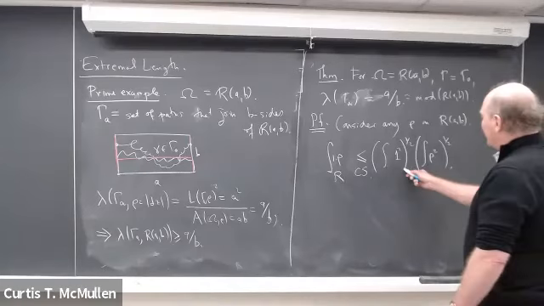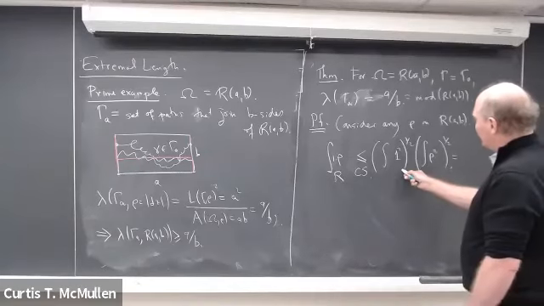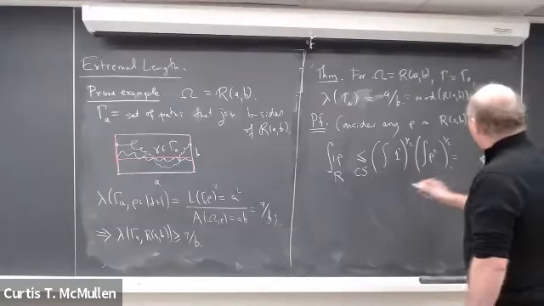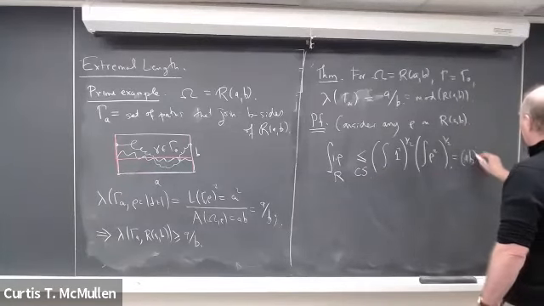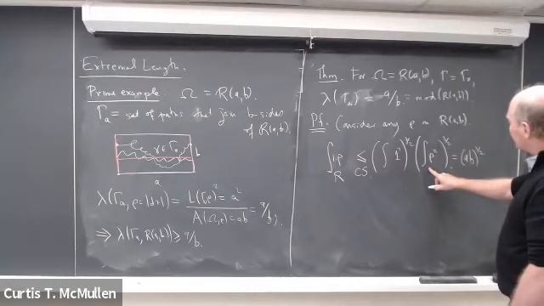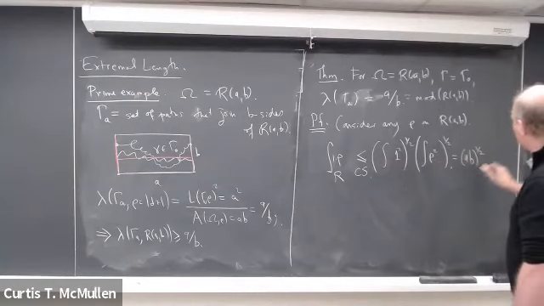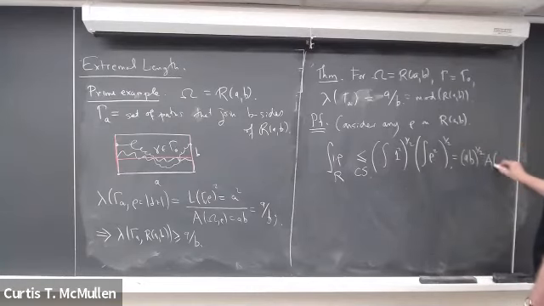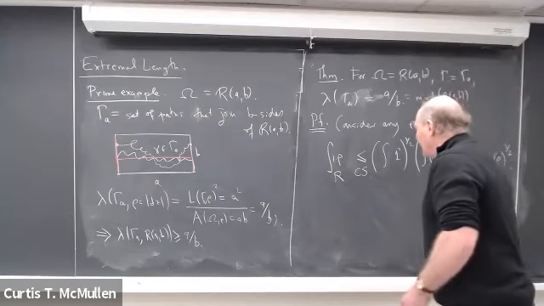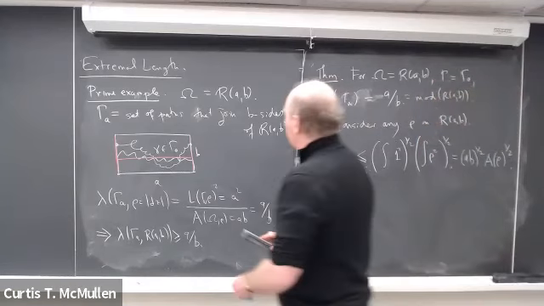And so this quantity here is what? The first term is just the area of the rectangle. So that's AB, to the 1/2. And the second term is the area of the rectangle with respect to rho. So it's A(rho) to the 1/2. Okay, now comes the interesting part. How can we relate this integral to lengths?